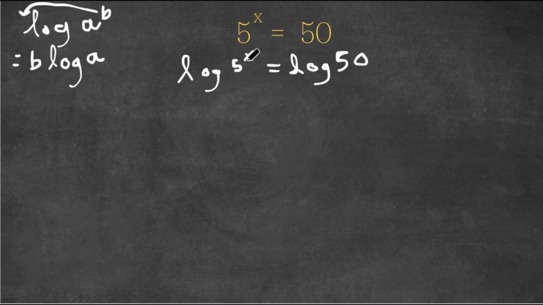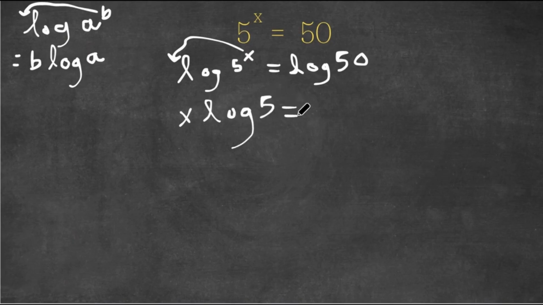So that's exactly what I'm going to do to log 5 to the power of x. We can think of 5 as a and x as b. So I'm going to move the x to the front of the logarithm. So this would be equal to x times log 5 is equal to log 50.